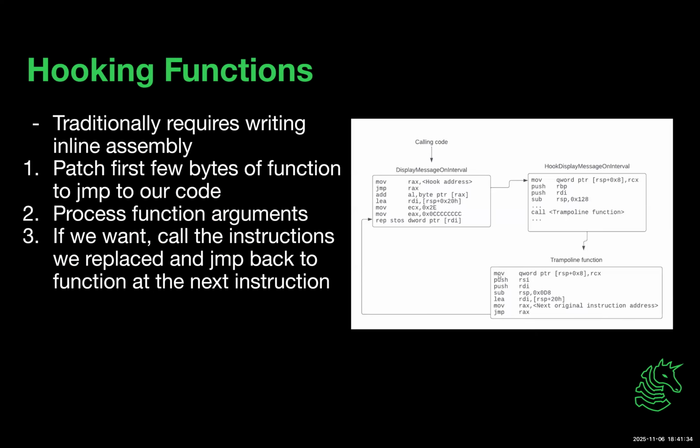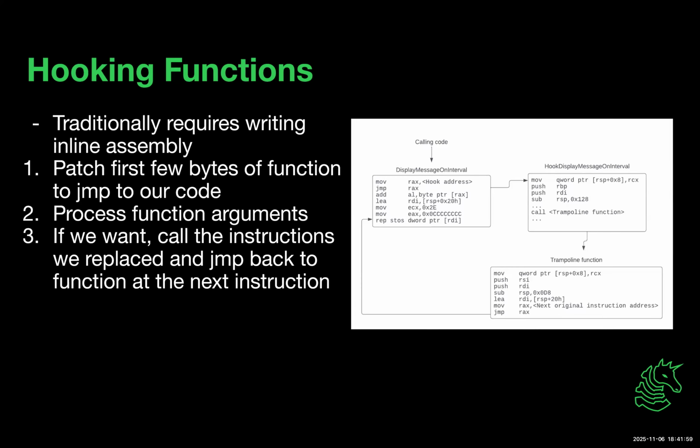So hooking functions is essentially, in assembly, let's say that this is the start of a function. Right here is the first instruction, second instruction. What we'll do with these two first lines is put in a jump to our own code.